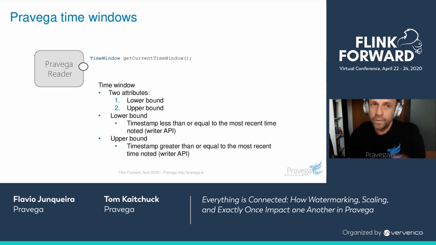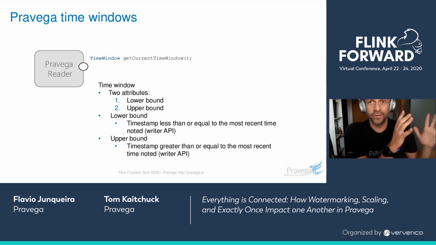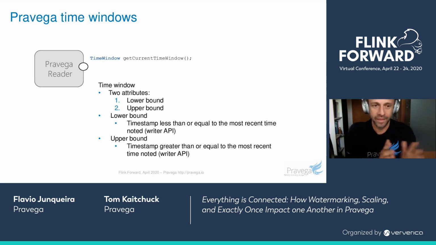The lower bound will be the minimum time before the current position of the stream, given by a watermark from the ones that we have generated when writing and when noting time. And the maximum will be the next mark after the current position of the stream.